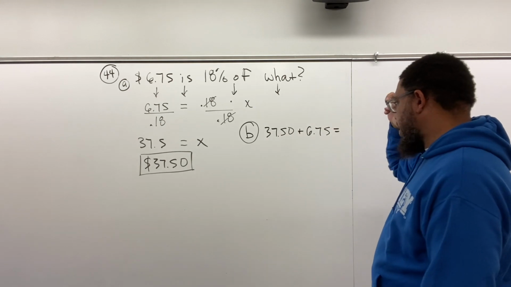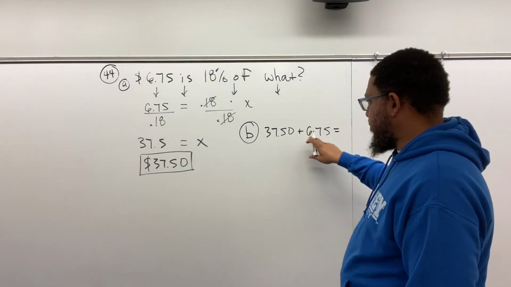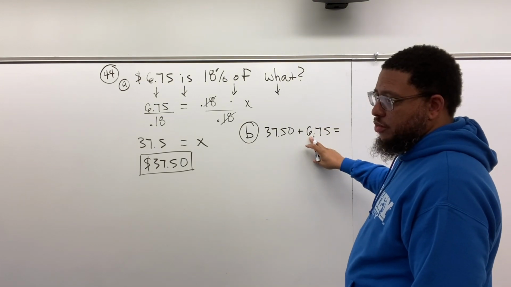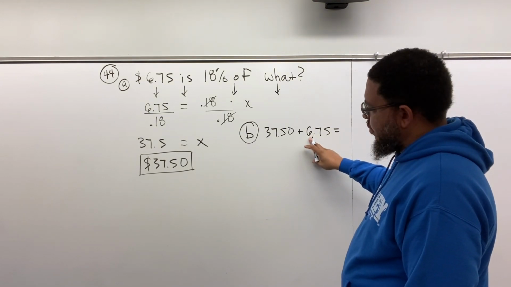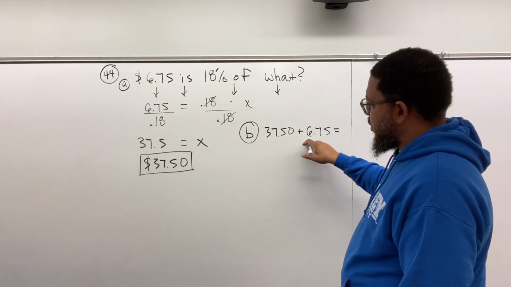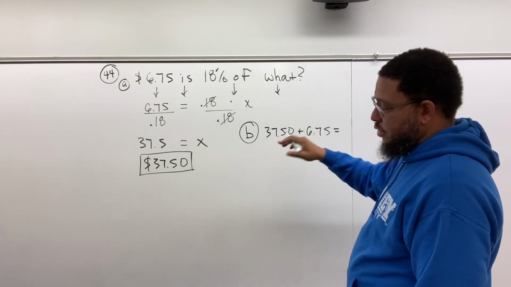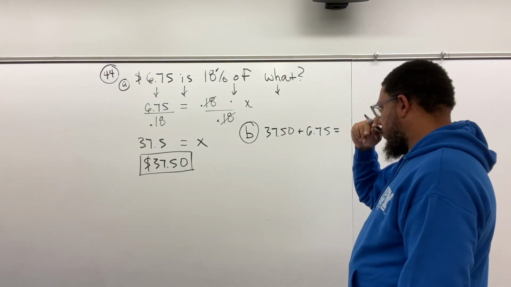$37.50 plus $6.75. The way I would do it, what's 37 plus 6? 43. Just like 7 plus 6 is 13, 37 plus 6 is 43. The number in the ones place is going to be the same as if you were doing 7 plus 6. So that's 43.